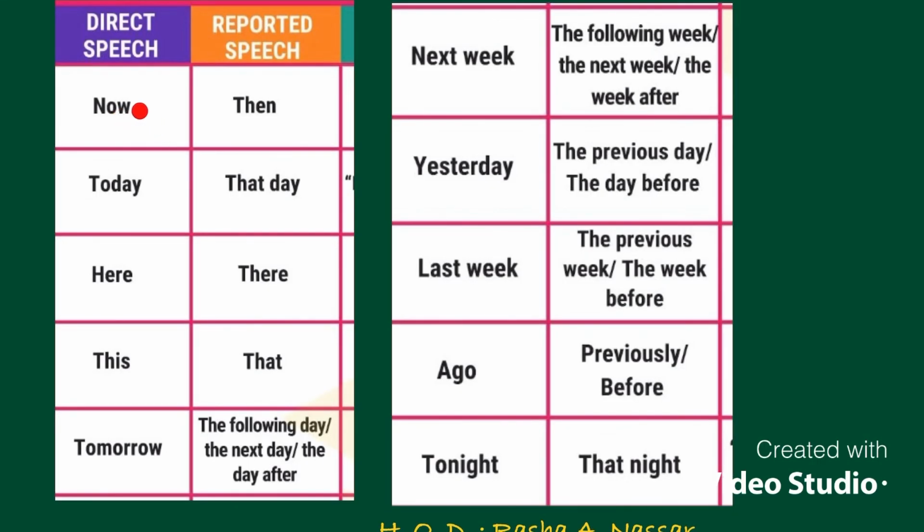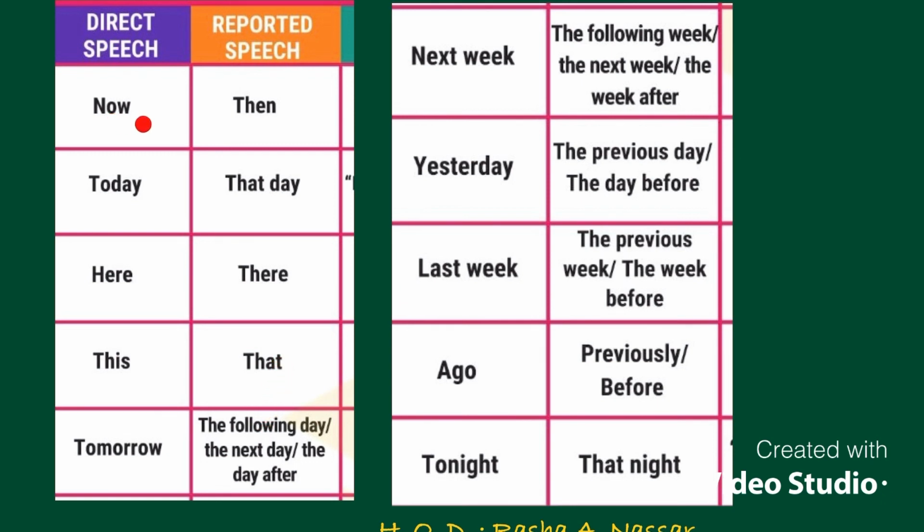Let's see here some words. If you see them in the sentence which is direct speech, you will change them into some other words in the reported speech or in the indirect speech.